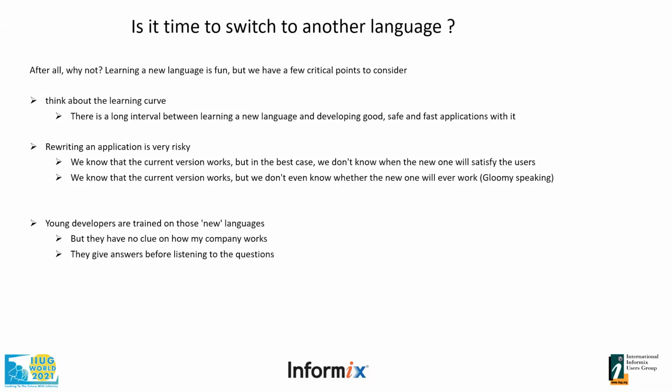So project starting in 2003, 2004, 5, 6. This was moving from Informix to DB2 and from 4GL to Java. The project starts in 2003, 2004, 2005, 6, 7, 8, 9, 10, 11, 12, 13, 14, 15, 16, 2016.